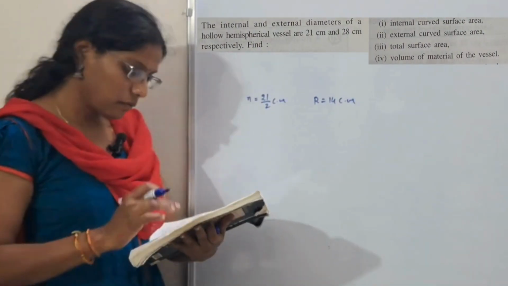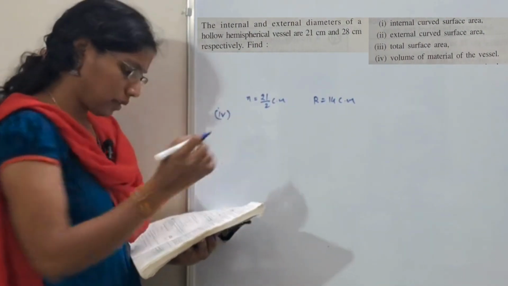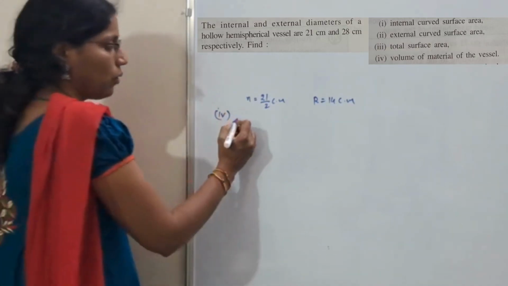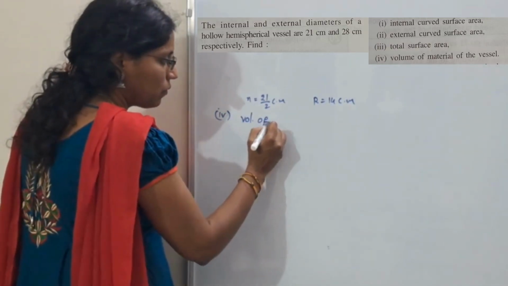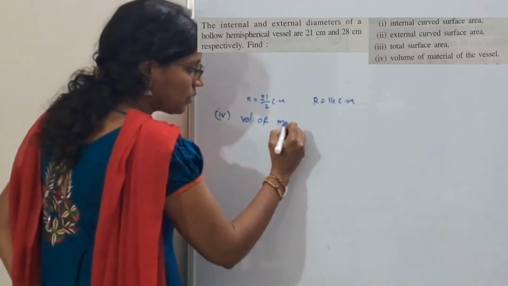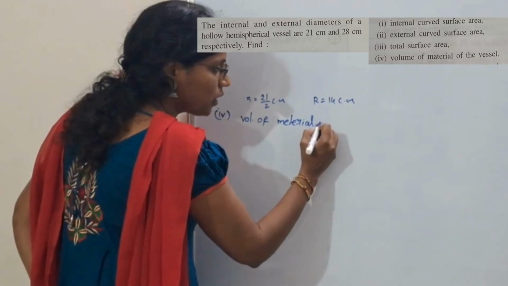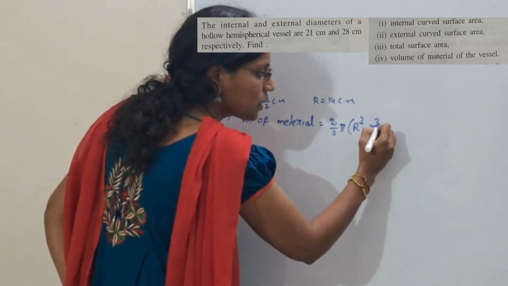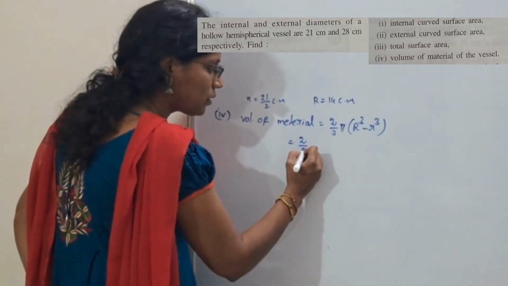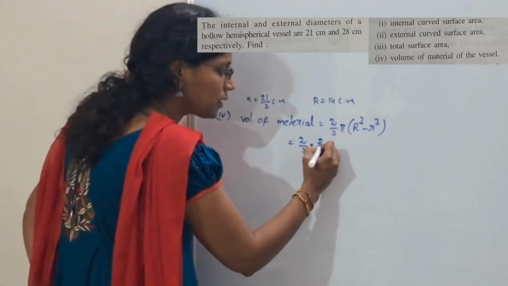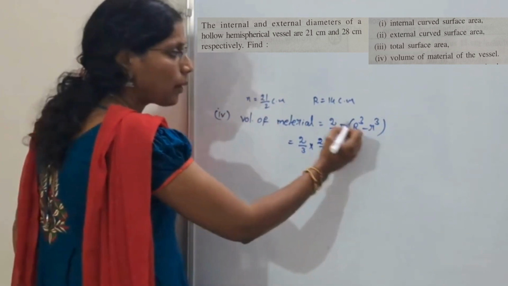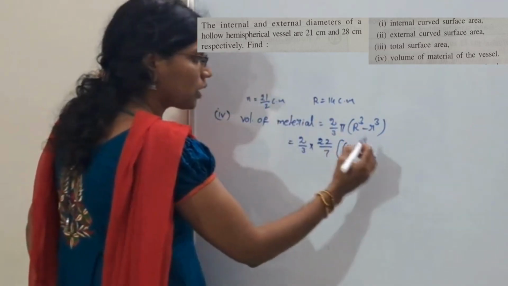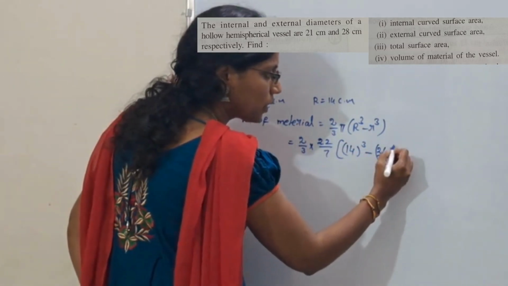Here next one, fourth one, volume of the material of the vessel. Volume of material is equal to, what is the formula? 2 by 3 pi capital R cube minus small r cube. Here 2 by 3 into pi value 22 by 7 into capital R value is 14 whole cube minus small r 21 by 2 whole cube.